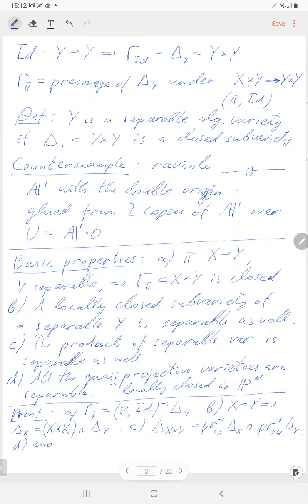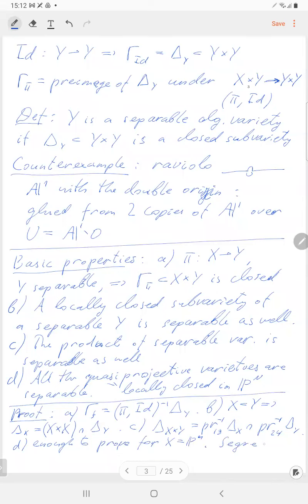So enough to prove for say X equals Pn, and then we use this Segre embedding.